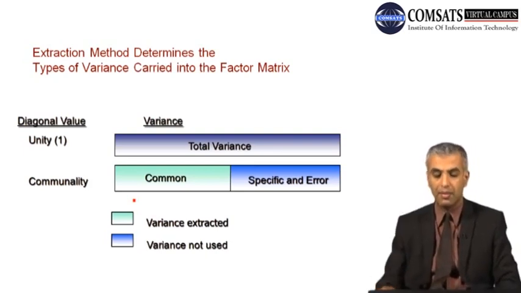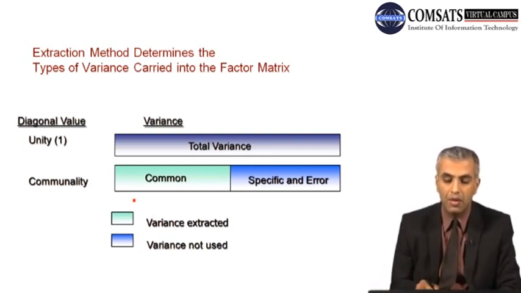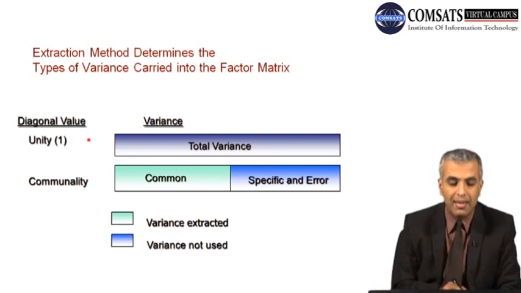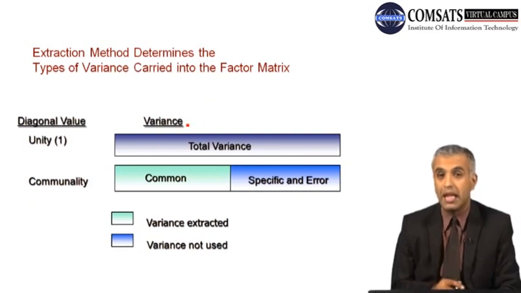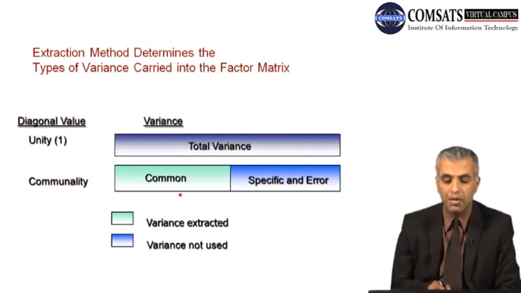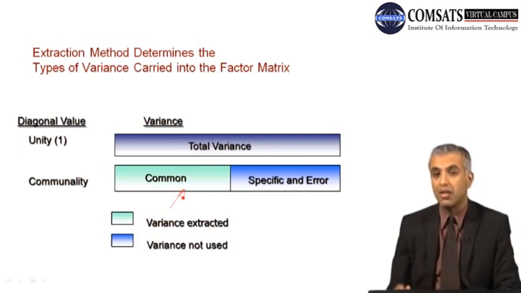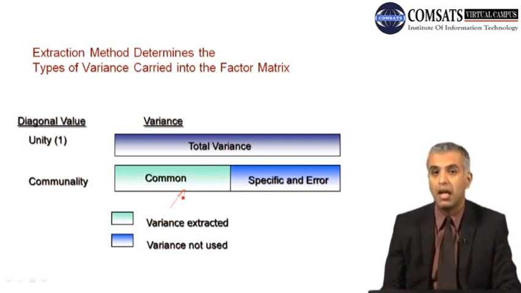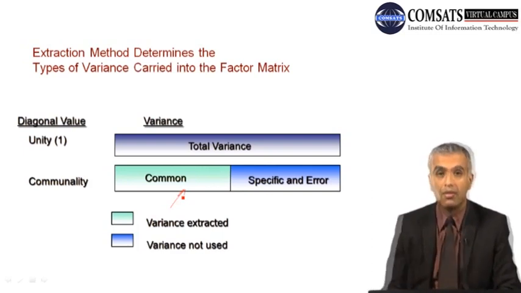Now there is a bit of a concept here, because as you can see in this diagram, the total variance which exists between any two variables or among a whole set of variables is divided into basically two types of variance. One is the common variance. This is the variance which is shared by all the variables involved.